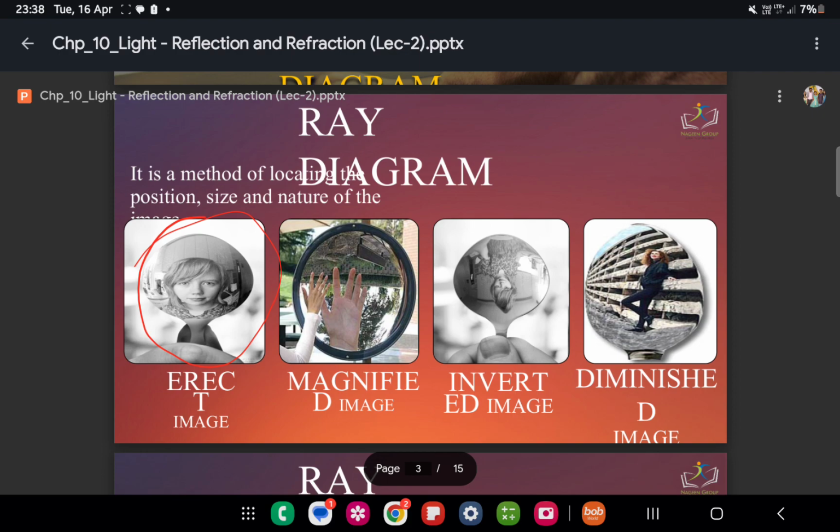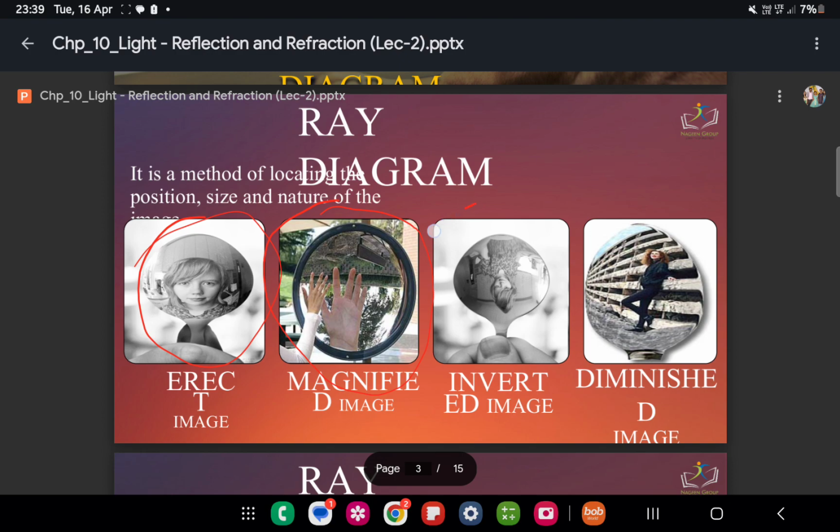An erect image means the image of the object is in the opposite direction, and it is in a larger size also, a little enlarged image we will see. This is the first image. The second image shows a magnified image. Magnified image means an enlarged image that we are seeing through the mirror.